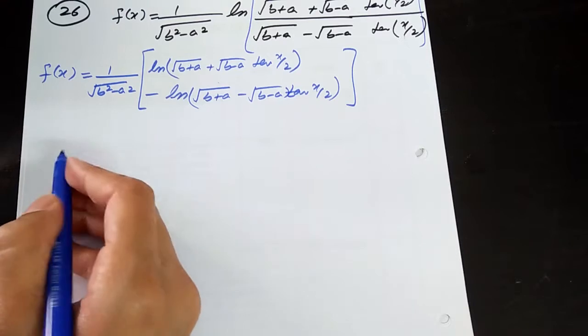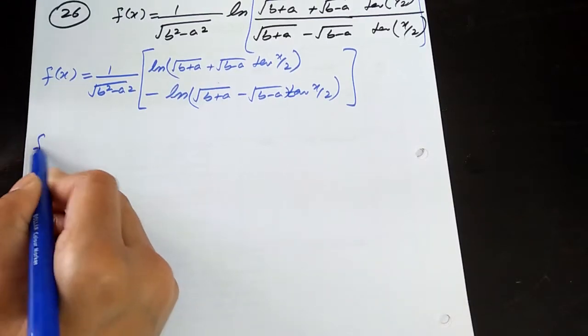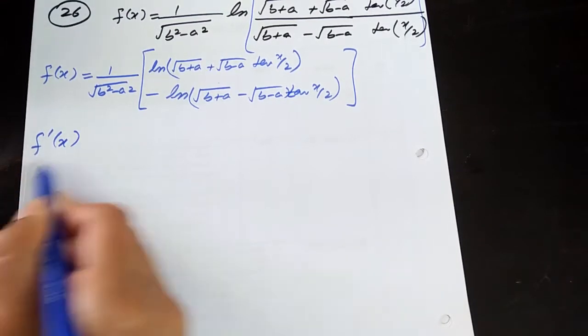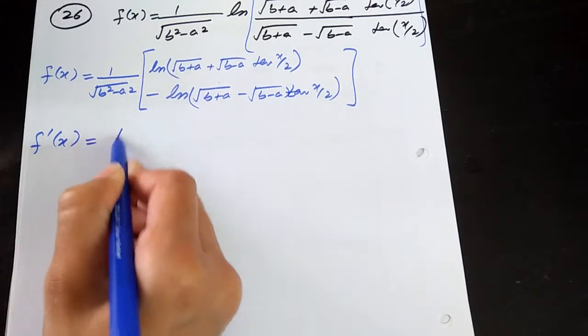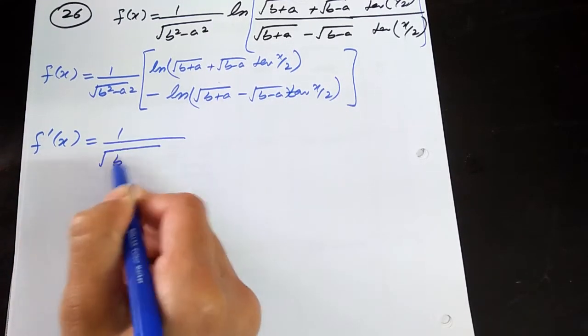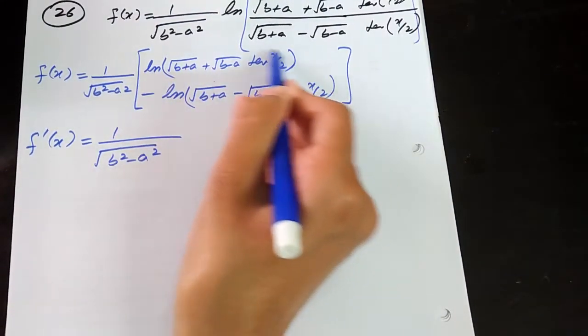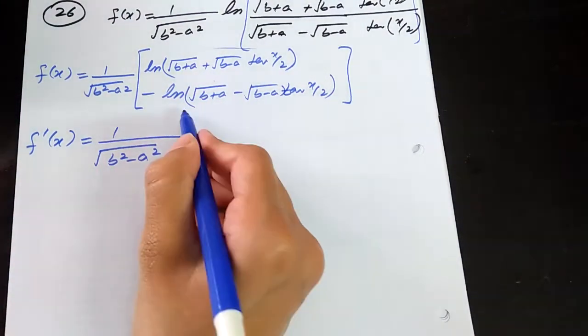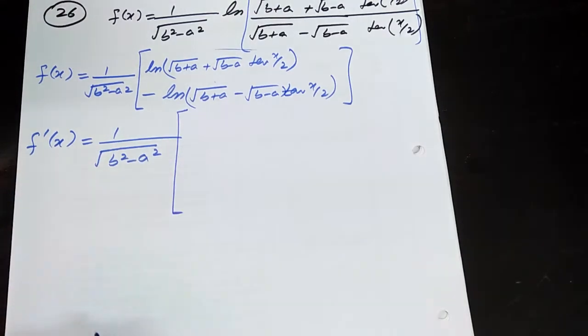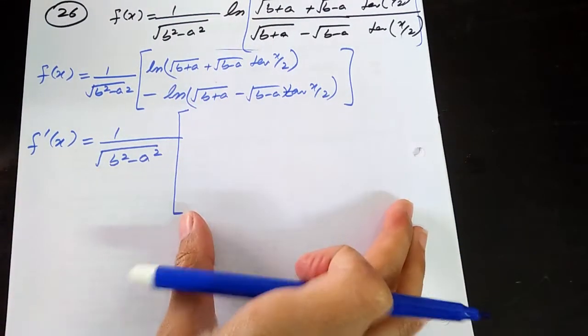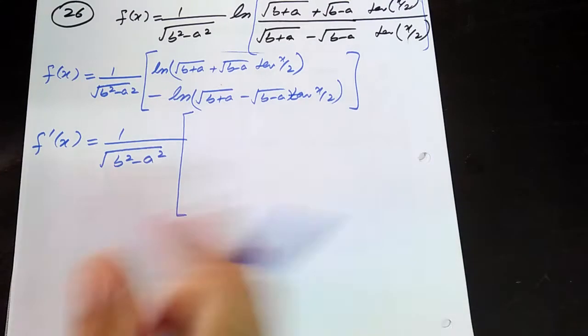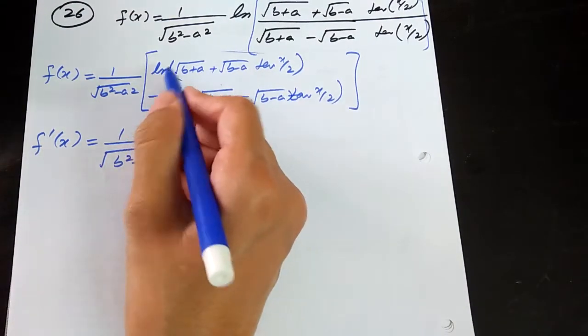So differentiating both sides, f dash of x will be equal to 1 over under root b square minus a square. Now the derivative of this function, I am writing it whole in this bracket because the answer will be too much, so that's why I am using these bigger brackets here.